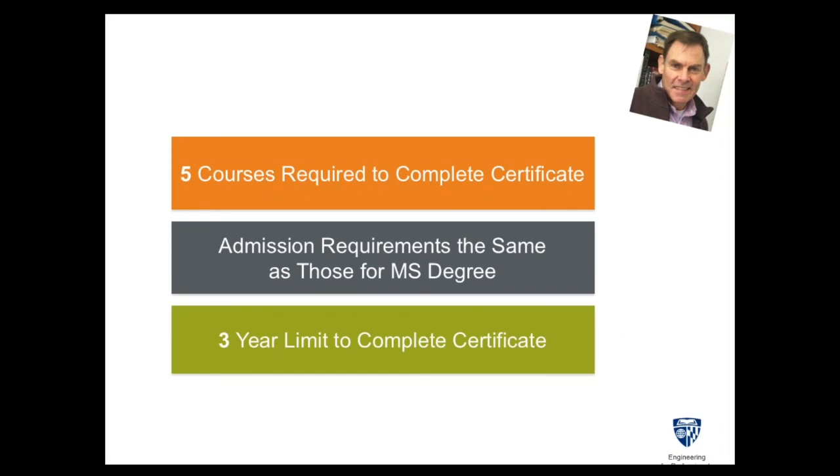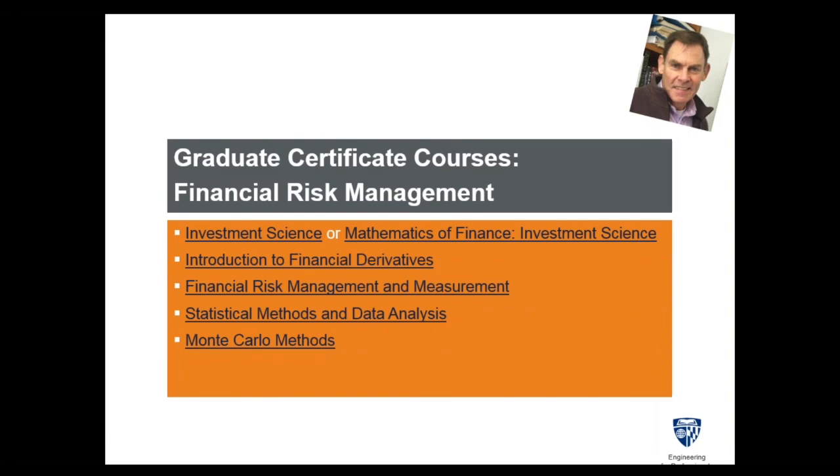Just to briefly look at the certificates, the certificates have a 5-course requirement. The admission requirements are the same as those for the master's degree, and here the requirement is that the 5 courses be completed in a 3-year time frame. For the financial risk management, and you'll notice that as we look through the certificates, there's duplication.